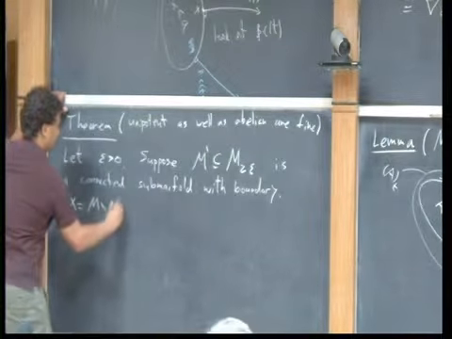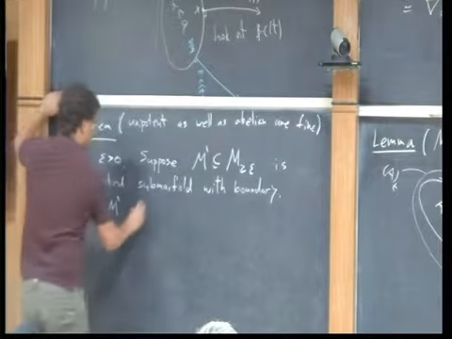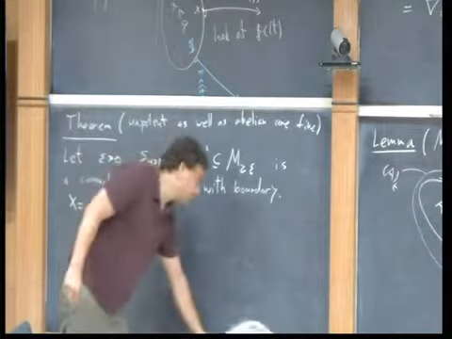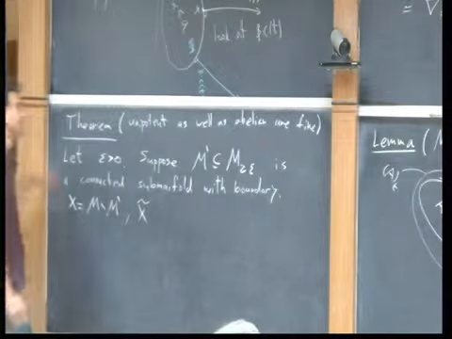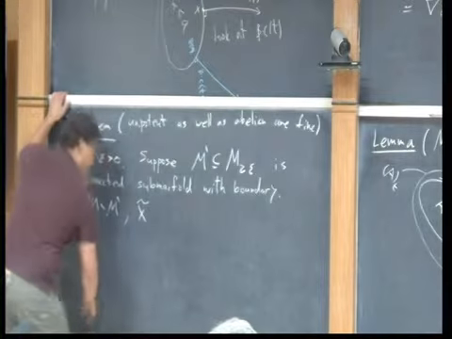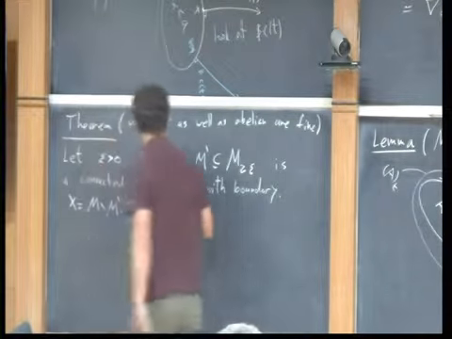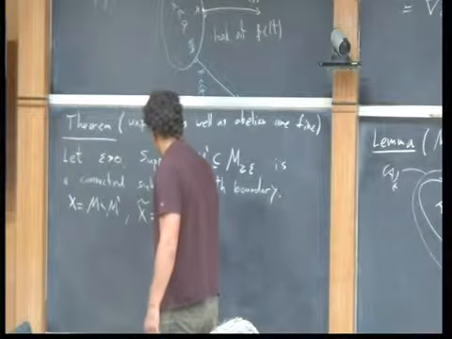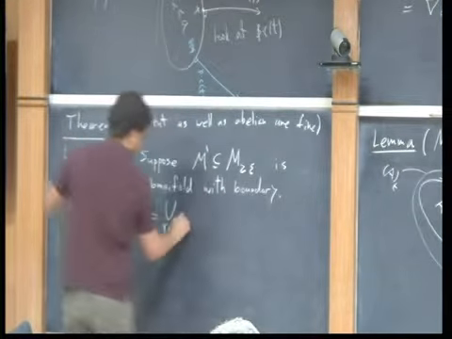And x tilde is given by the union of gamma in some gamma prime.